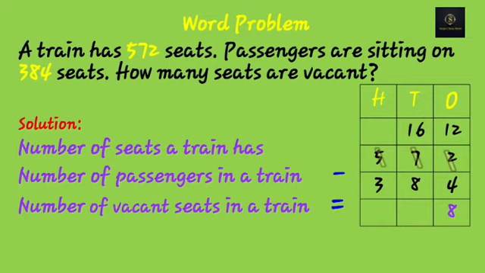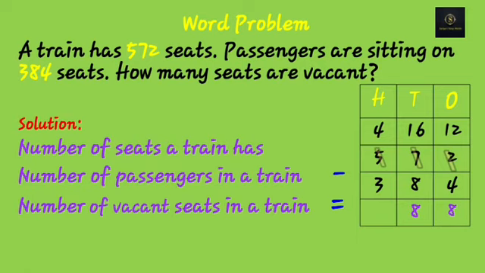So in the tens column there will be 16 and in the hundreds column there will remain 4 hundreds. Now can we subtract 8 from 16? Yes, it is possible now. So 16 minus 8 is equal to 8. So here we write 8 in the tens column.